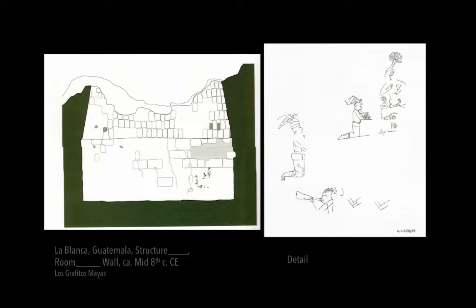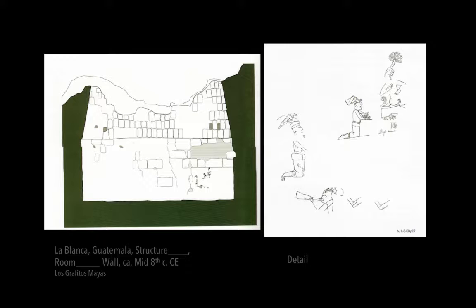Here you have on the right side a detail of that graffiti. And it appears to be an image that shows people in ceremonial dress, perhaps within a ceremonial context, interacting with one another in a relatively casual way.